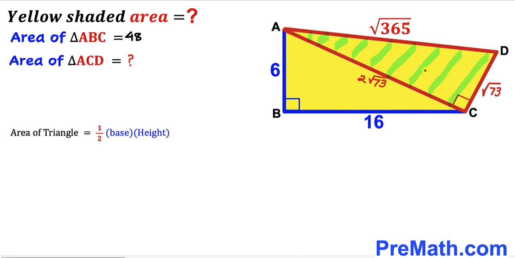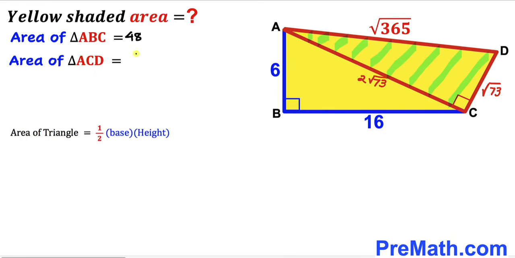Now we are going to calculate the area of the other right triangle ACD, using the very same formula: area equals a half times base times height. In our case, the base of this triangle is 2 times square root of 73, whereas the height is square root of 73.